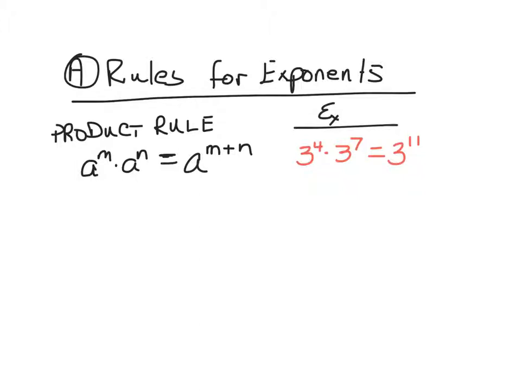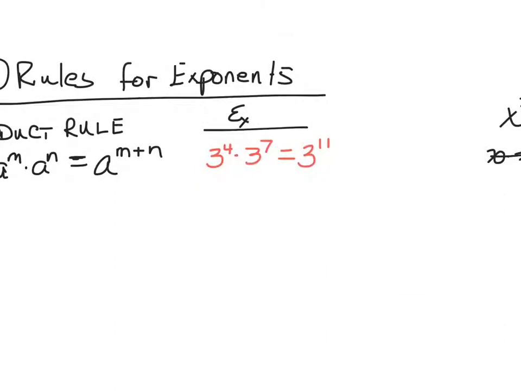But in this class, I want to know what 3 to the 11th is. So if I take 3 to the 11th power, I get 177,147. Yes, you do have to.